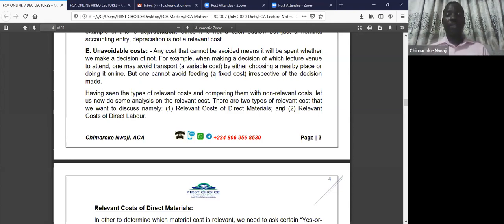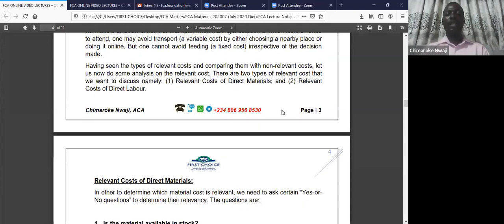Non-variable costs like fixed costs are not relevant. If you look at relevant variable costs, there are two classic elements that form variable costs: materials and labor. So if variable costs are unavoidable and relevant, then it is best we discuss relevant cost of materials and that of labor. Let's take them in turns.